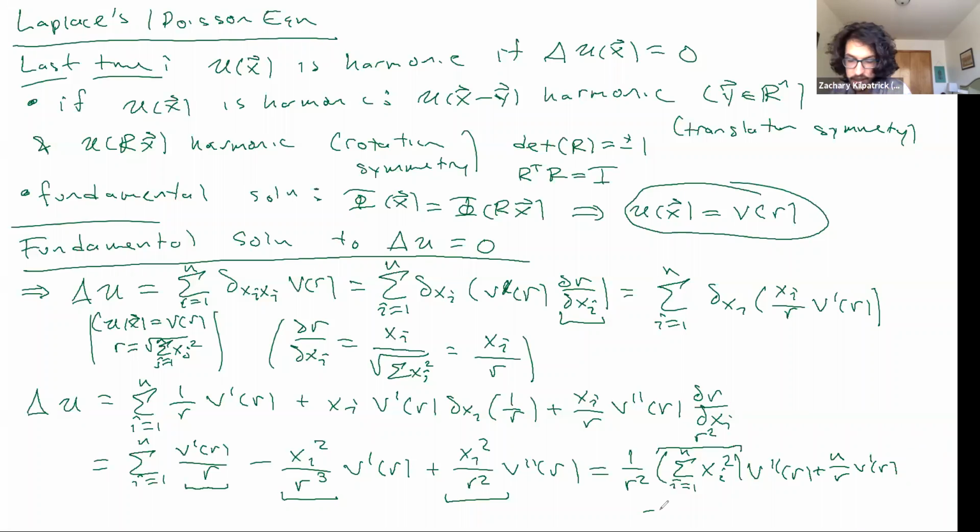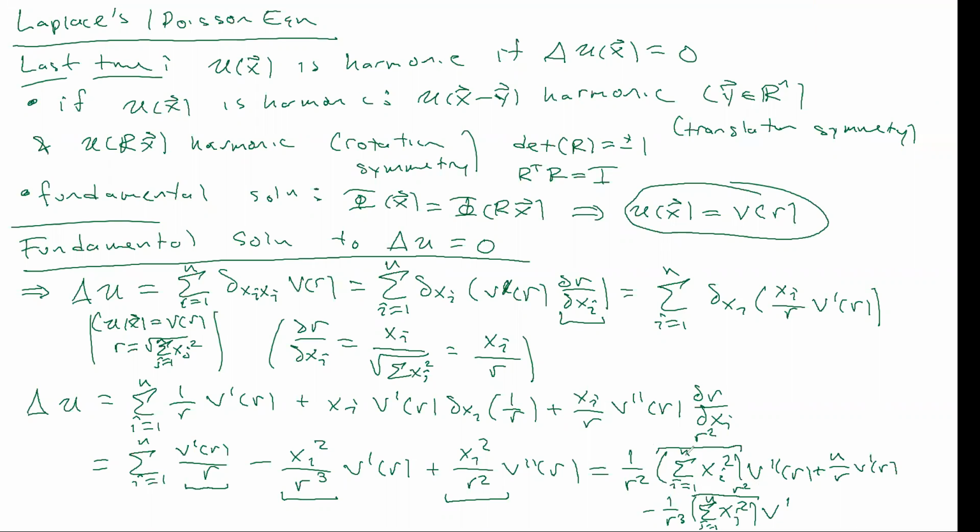Okay, so minus 1 over r cubed, the sum from j equals 1 up to n of xj squared v prime. Okay. All right. So again, this thing's going to be just r squared here, right? We're going to get a cancellation here. We get down to just a factor of 1, right?